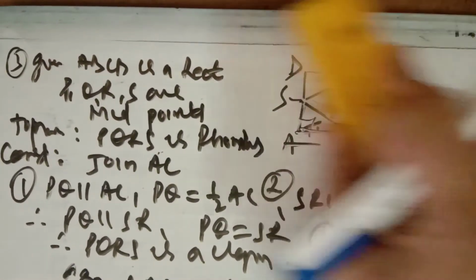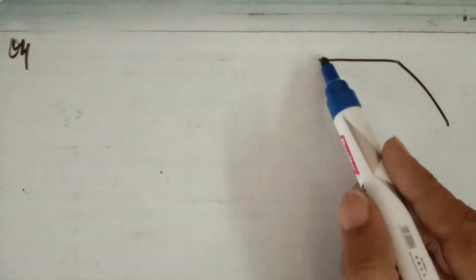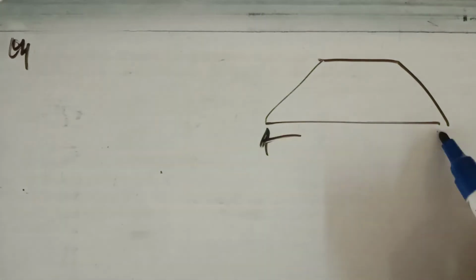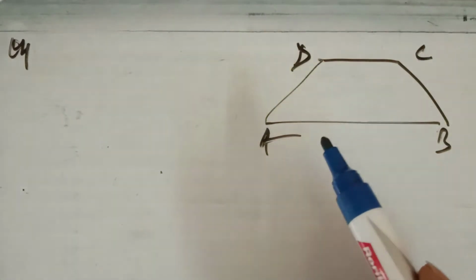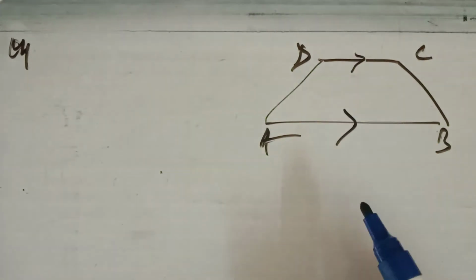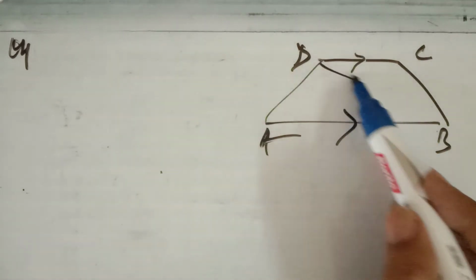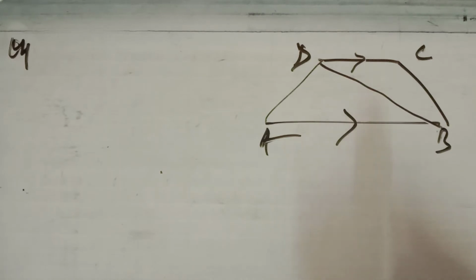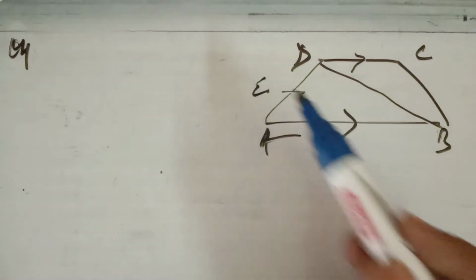Now in question number 4, what is given? Read it carefully. It is given that ABCD is a trapezium in which AB is parallel to CD and BD is the diagonal and E is the midpoint of AD.